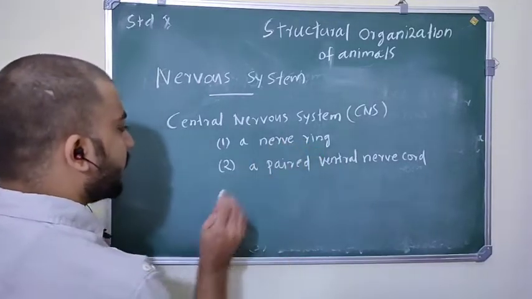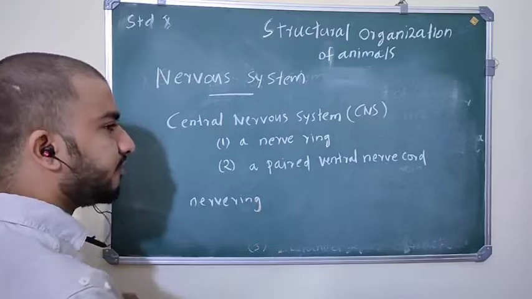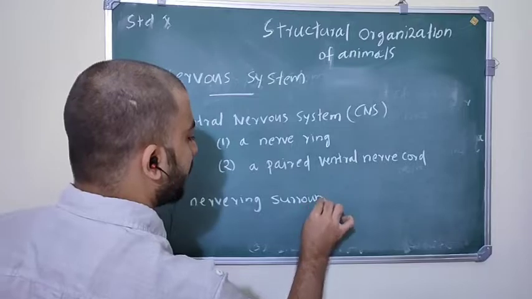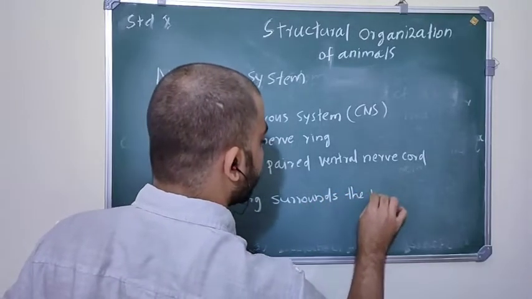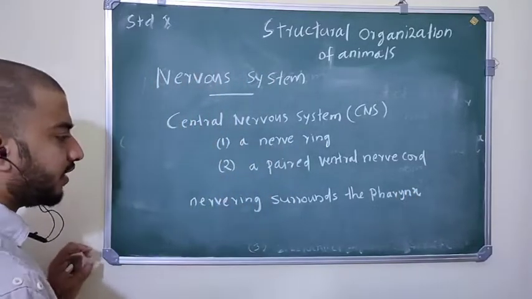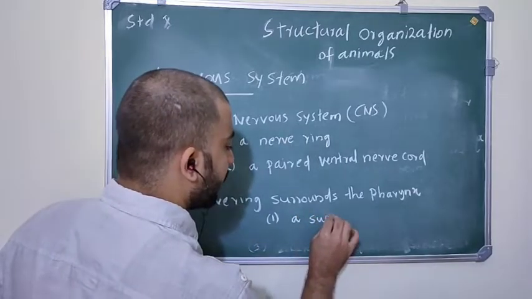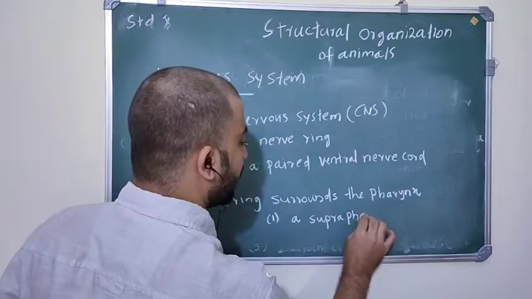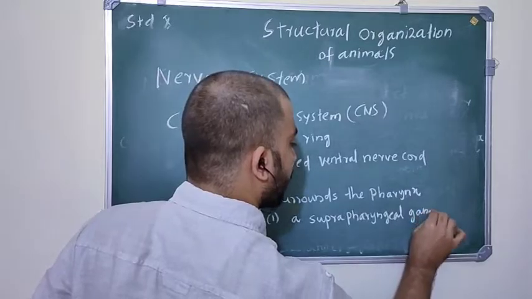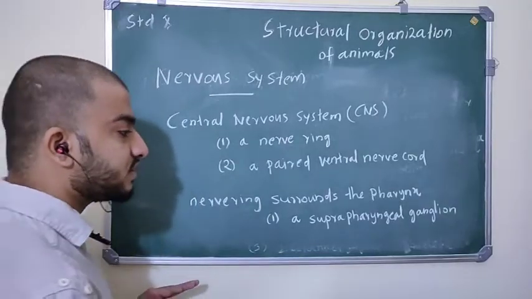If we check the nerve ring, it surrounds the pharynx. Okay. The nerve ring surrounds the pharynx, and this nerve ring consists of a suprapharyngeal ganglion. The suprapharyngeal ganglion acts as the brain.